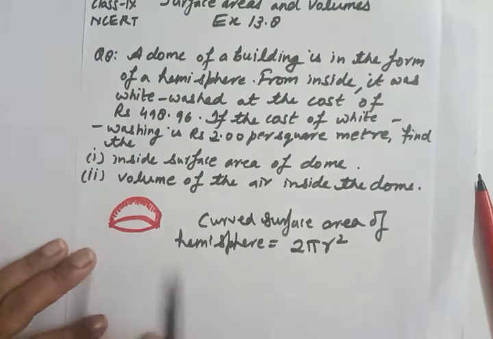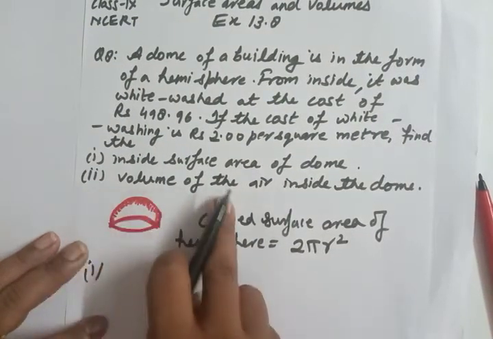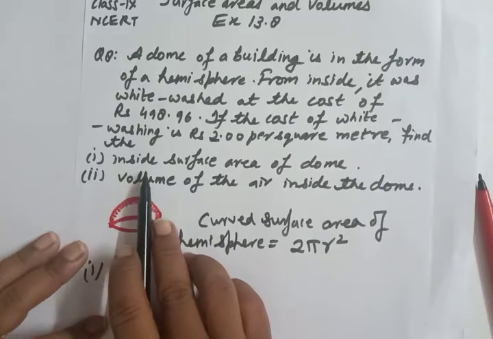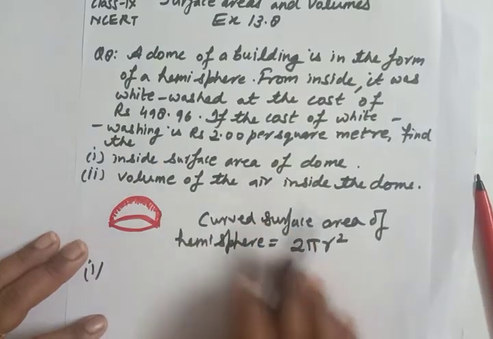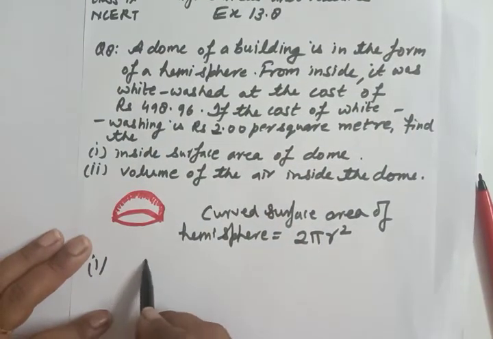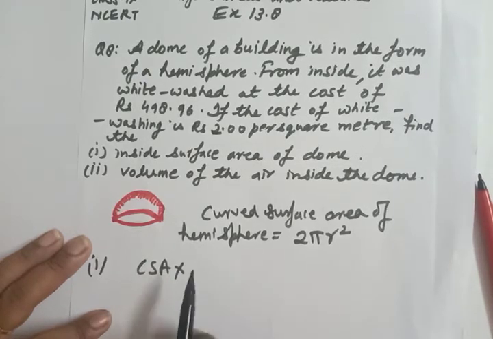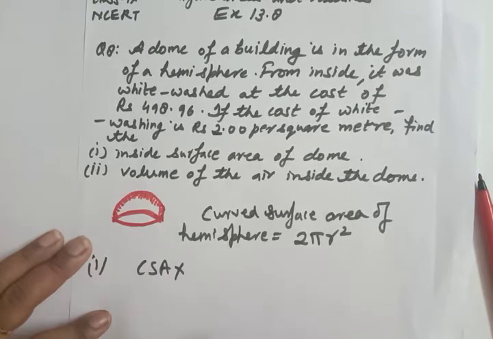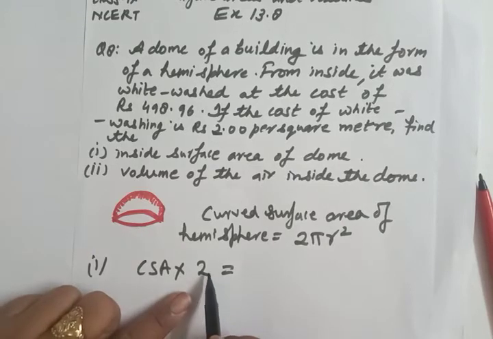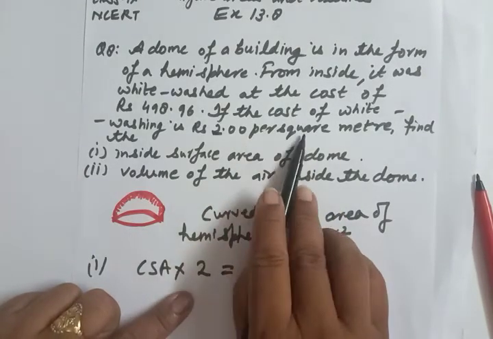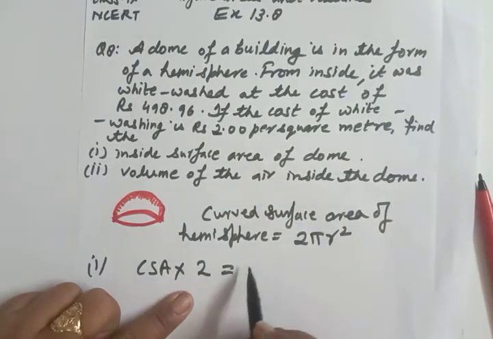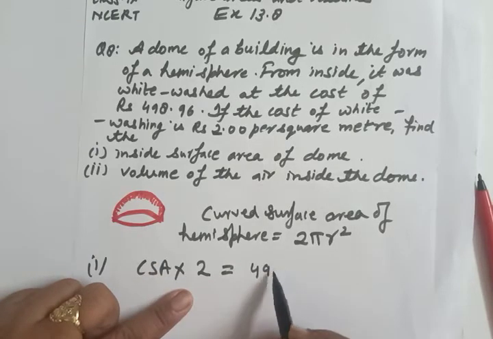So for part number 1, where we need to find the inside surface area of the dome, according to the question, curved surface area multiplied by rupees 2, because for 1 square meter it is rupees 2, is equal to the total cost, that is 498.96.